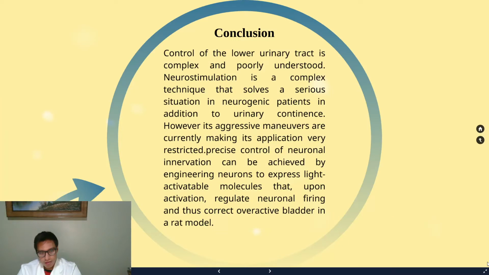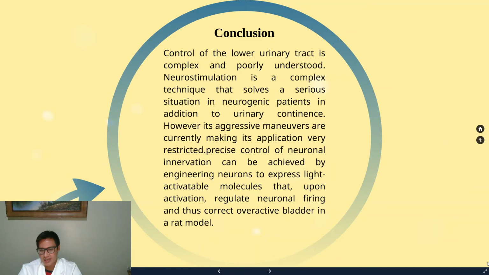In conclusion, control of the lower urinary tract is complex and poorly understood. Neurostimulation is a complex technique that solves a serious situation in neurogenic patients in addition to urinary incontinence. However, its aggressive maneuvers are currently making its application very restricted.